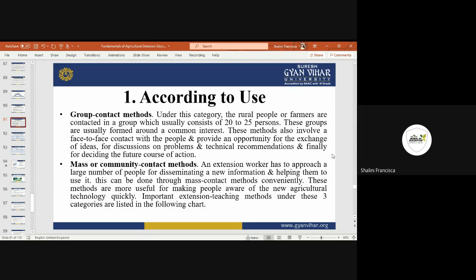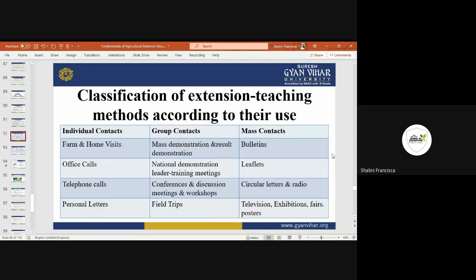So the important extension teaching methods and the three categories are listed below. For the individual contact method, there are farm and home visits. Individual means if you go to one farmer's farm, you ask, your yield is very nice, what is the reason, how is this going on? Then home visit: how is your livelihood?